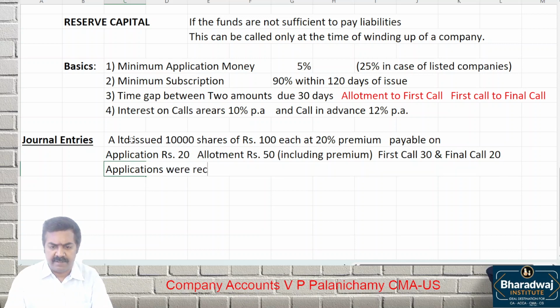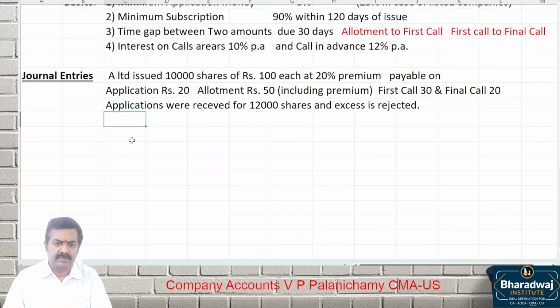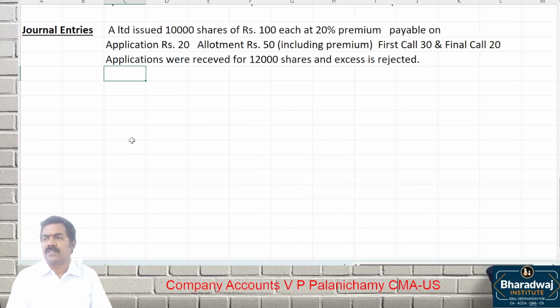Applications were received for 12,000 shares and excess is rejected. This is an example for which we are going to pass journal entries.